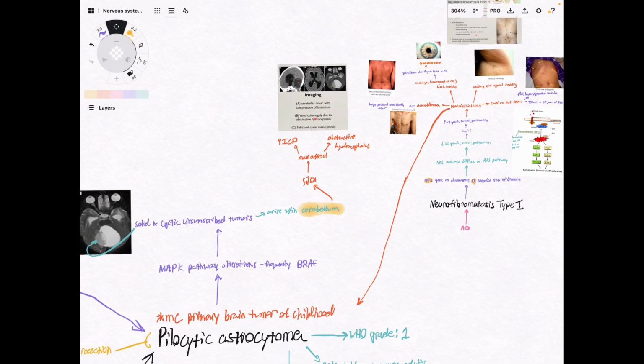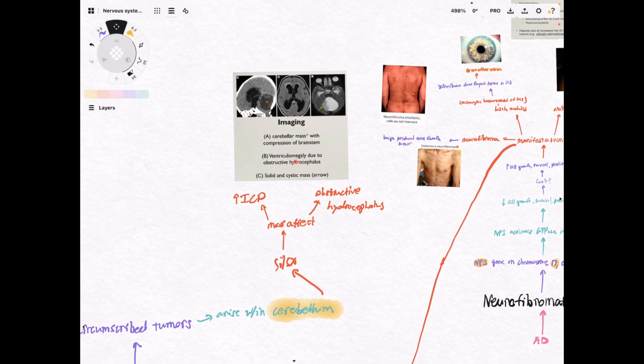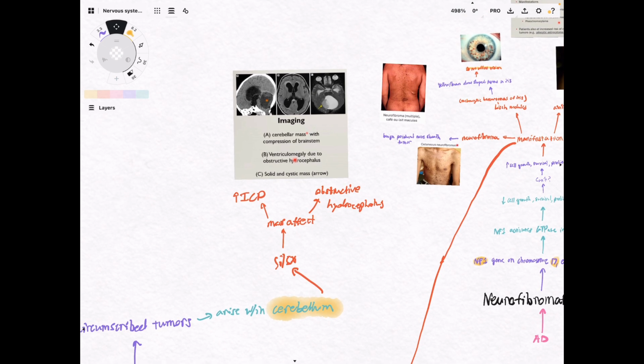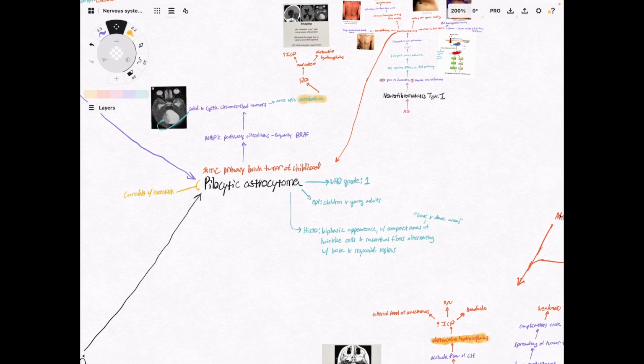These typically arise in the cerebellum, and this can have a mass effect. Remember the cerebellum is involved with balance and coordination, so this can present with balance and coordination problems, but it can also obstruct the ventricular system, because the cerebellum is right behind the cerebral aqueduct and fourth ventricle, so it can compress on those, leading to increased CSF, increased intracranial pressure, and obstructive hydrocephalus. This one's very curable with resection.